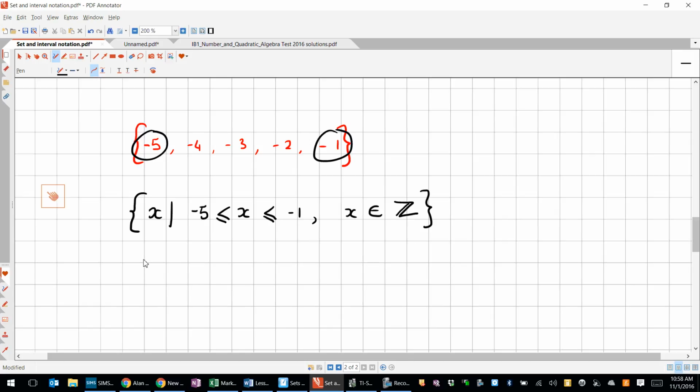What though if I wrote this? X belongs to, right? And I said x has to be, tell you what, I'll make sure I write it the correct way around for you. So I'm going to say x has to be greater than -5. Just that.